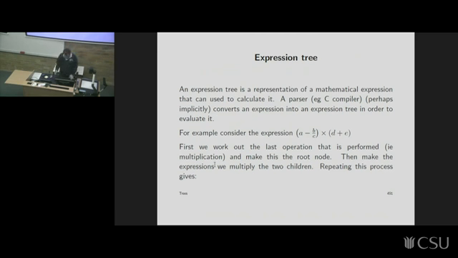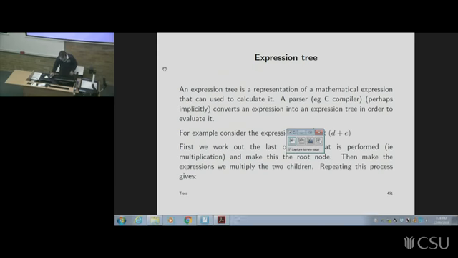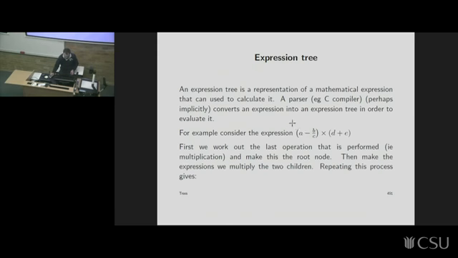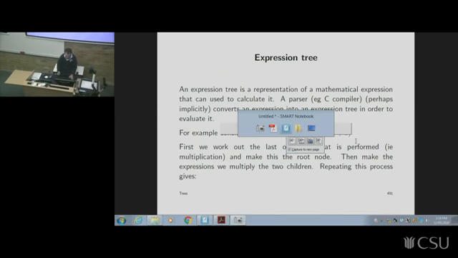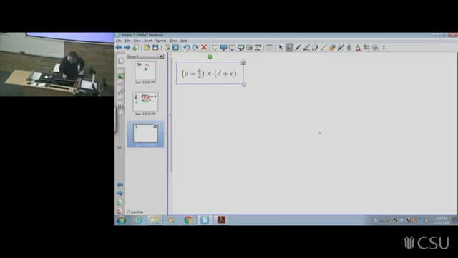So let's copy this out. How it works is it works out the operation you do last in the calculation and makes that the root. So in that expression, what's the last operation you do?